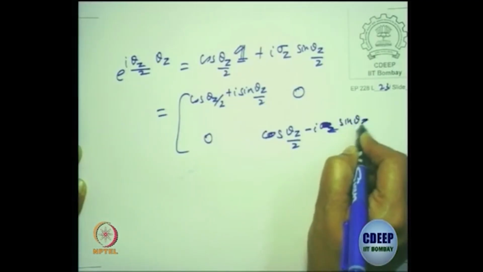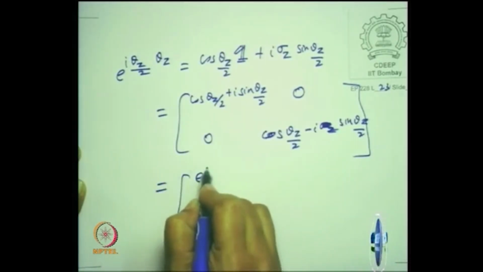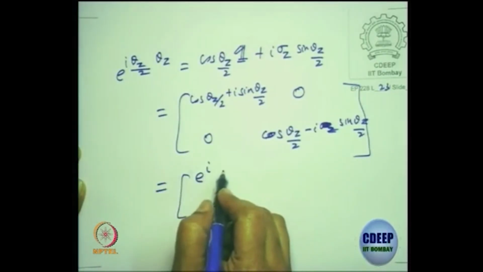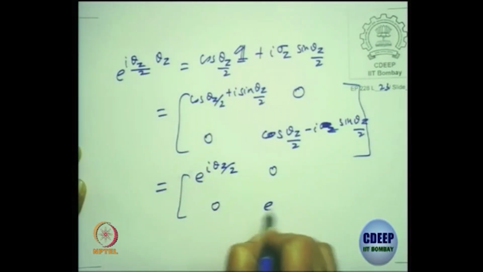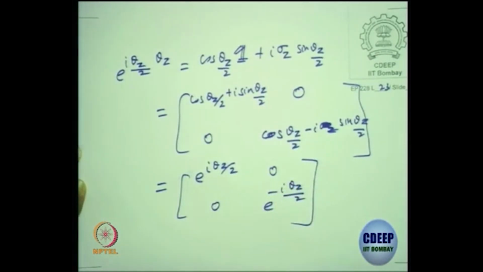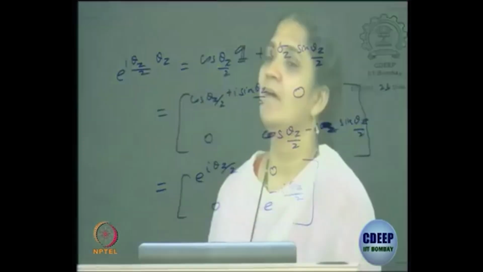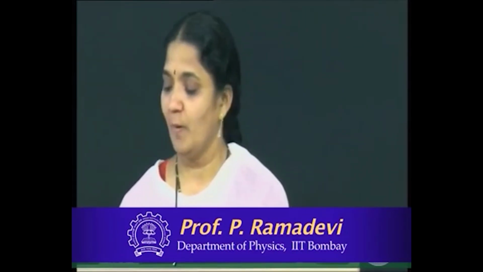So what will this matrix be? e to the i theta z by 2, 0, 0, and e to the minus i theta z by 2. Fine? No? That's it. So there is a lot of manipulation you can do with Pauli matrices, and the core thing is that these are unitary operators which perform your rotation in the internal space, and they are 2 by 2 matrices.